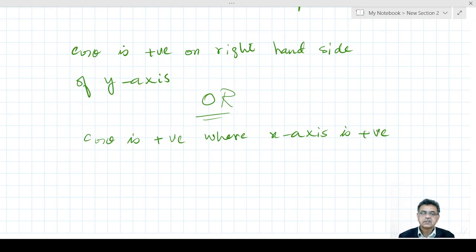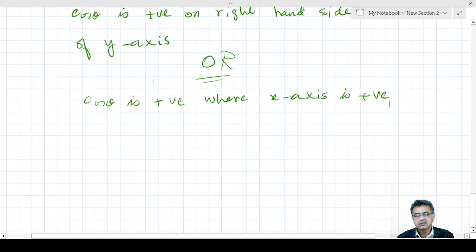Cos theta is positive on the right hand side of the y-axis, or you can say cos theta is positive where x is positive. Both are the same because cos theta is positive on the right hand side of the y-axis.